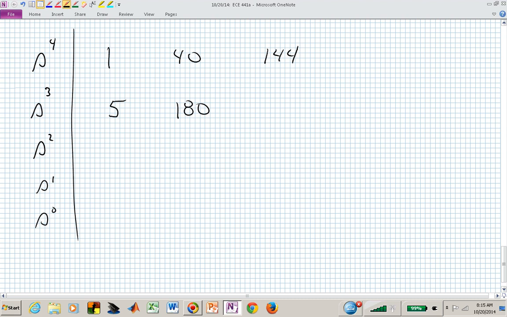We take 5 times 40, 200, minus 1 times 180, 200 minus 180, 20, divided by 5, 20 divided by 5 is 4. This guy here is 4. That 4 was the 5 times 40 minus 1 times 180 all over 5.